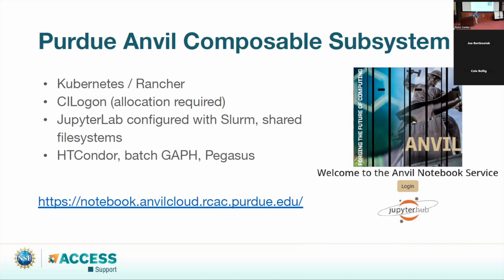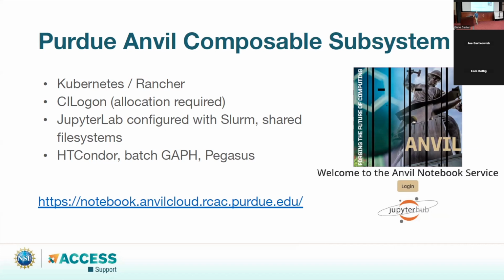You will see all the parallel file systems on there. It's configured to allow Slurm jobs, so you can interact with the cluster, but you get your own little submit node while doing so. And what we have done is we worked with Purdue to layer on top of their container image. We added Condor, we added Pegasus, and you end up with a dynamic AP that you can just start whenever you need it and interact with it.